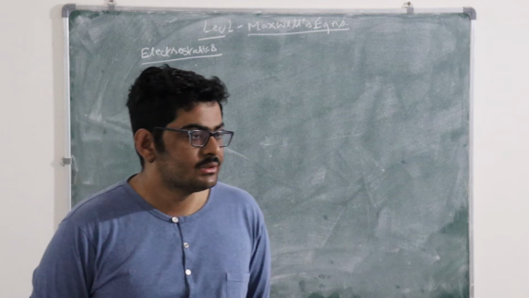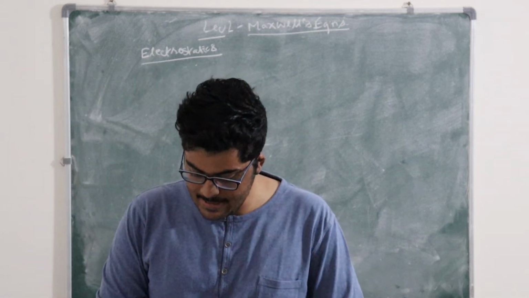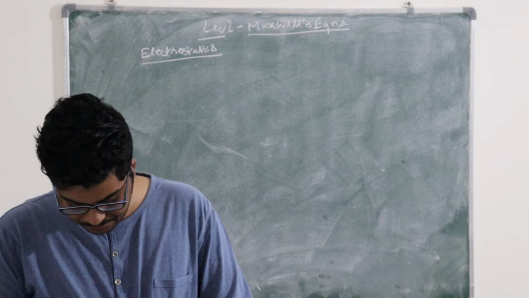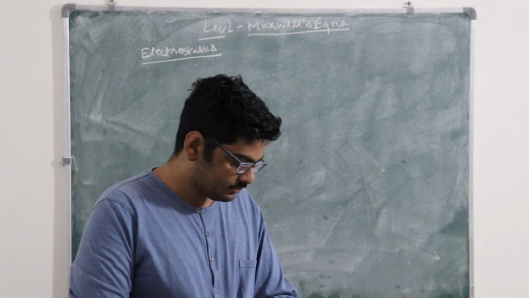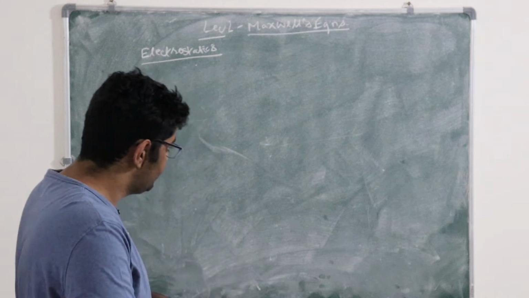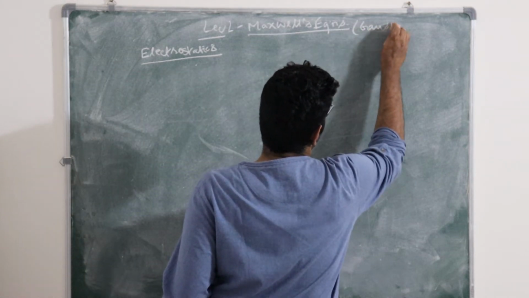So our intention is to proceed to the general picture as quickly as possible. We are already familiar with Coulomb's law, and by the way, I forgot to mention, if I haven't mentioned, that we are using Gaussian units.